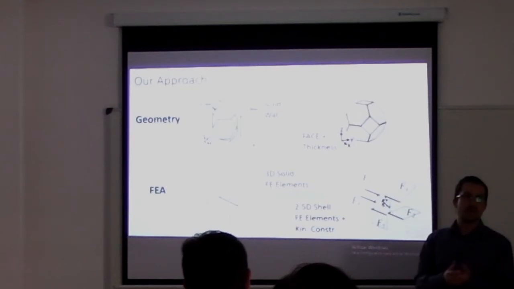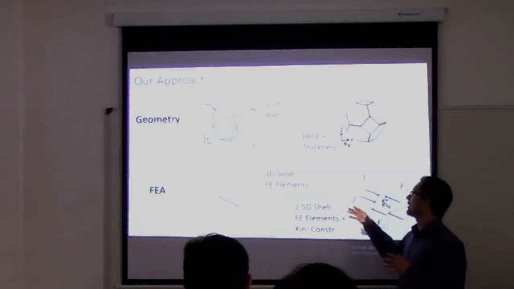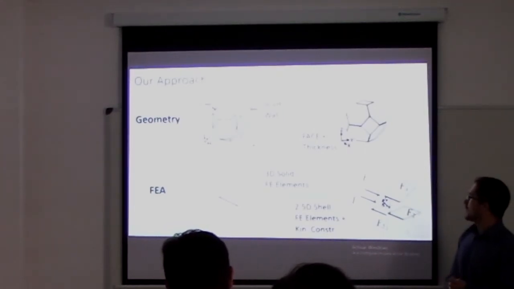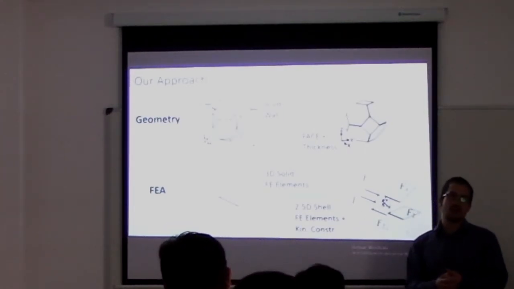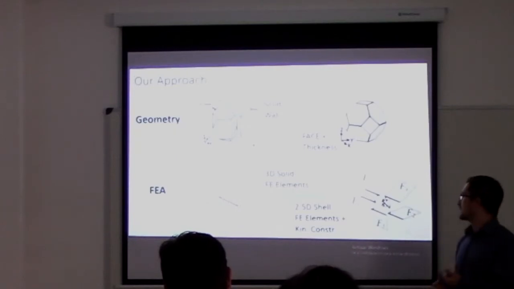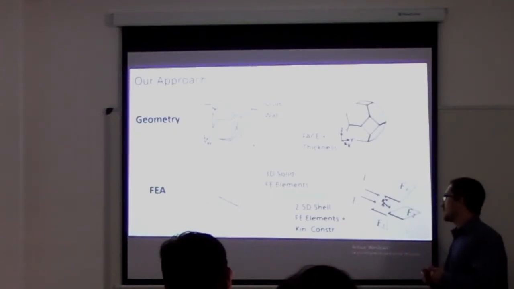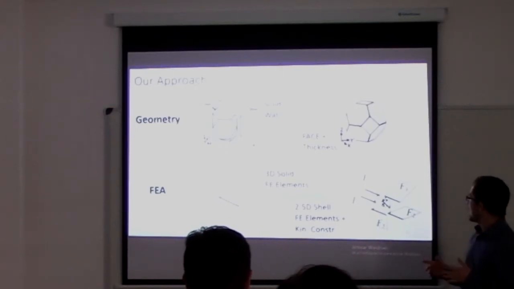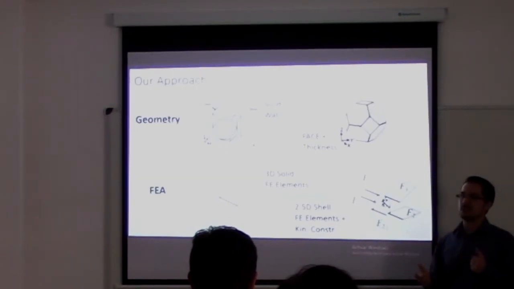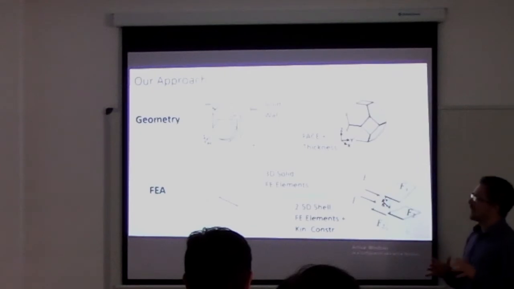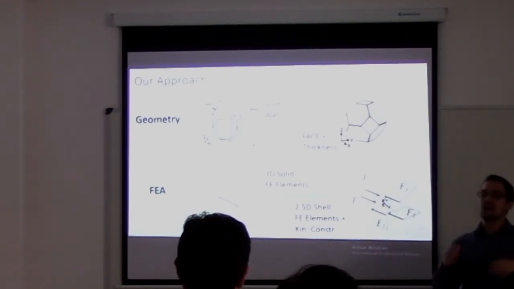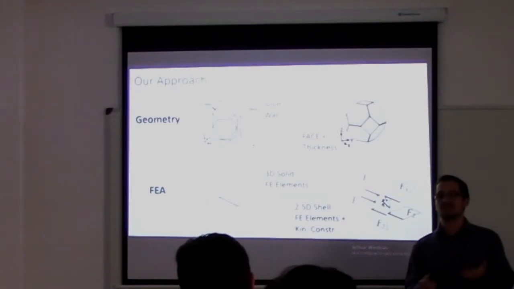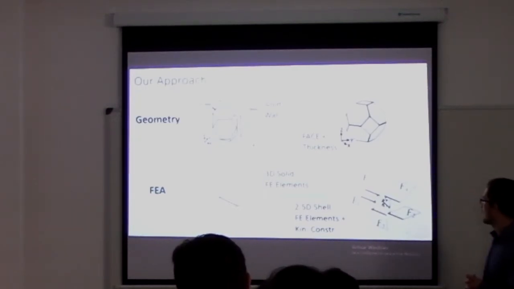From the finite element side, instead of 3D solid elements, we can use 2.5D shell elements that have a thickness associated with them. We also try to consider a more general view by adding some kinematic constraints between the faces, so that this may allow us in the future to model different interactions between the faces of our domain.